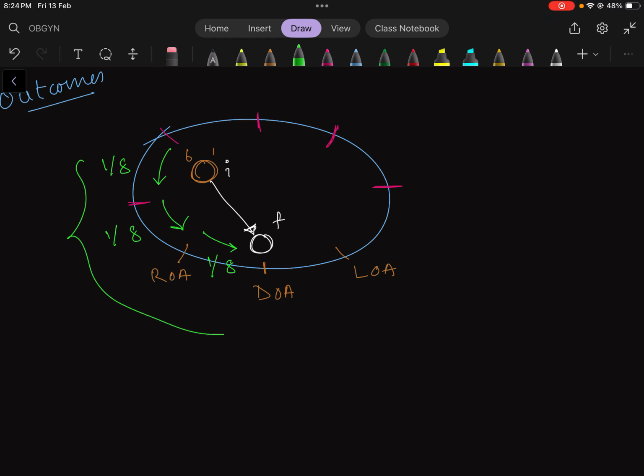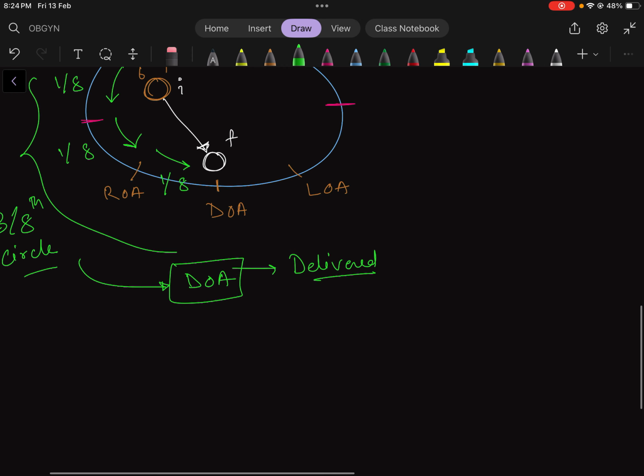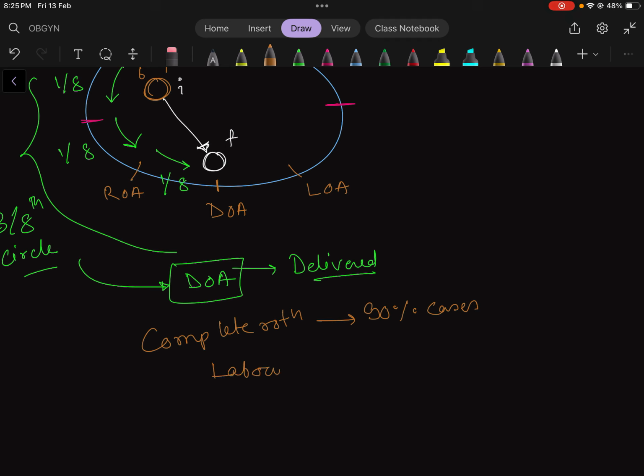So cumulatively 3/8 of circle, it has to come in this direction to assume a direct occipito-anterior position where the head can be delivered. This complete rotation happens in around 90% cases. So once the mother is in labor, we wait and watch.